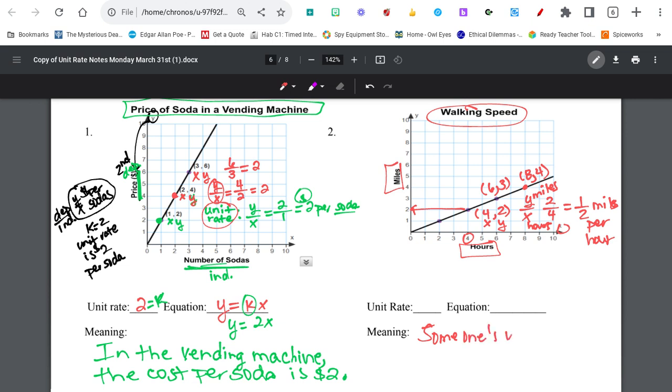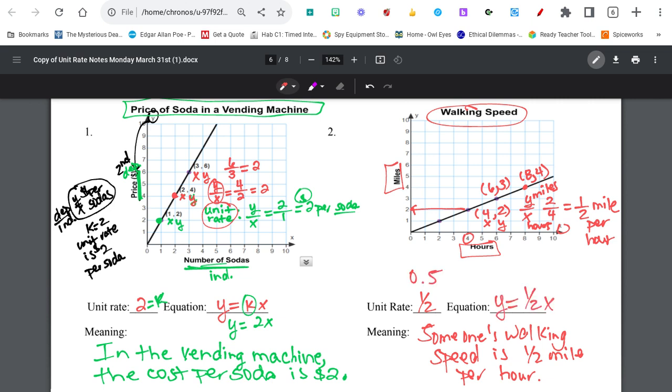Someone's walking speed is 1/2 mile per hour. They can go 1/2 mile for every hour. So the unit rate is 1/2, and the equation is y equals 1/2 x. You could have used a decimal, 0.5, if you want to. I don't care. It's the same as 1/2.